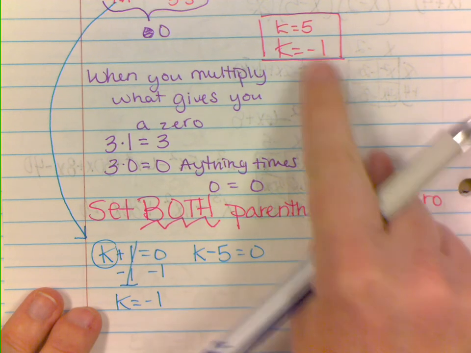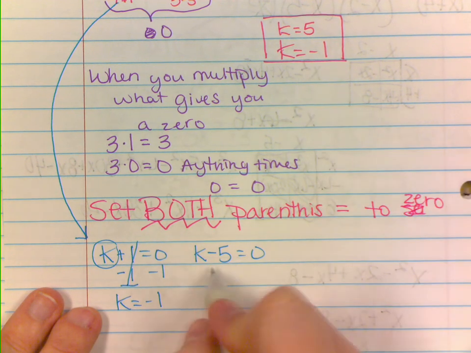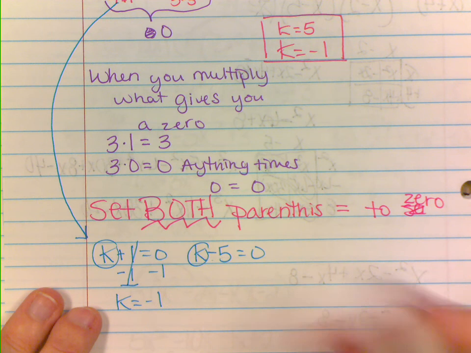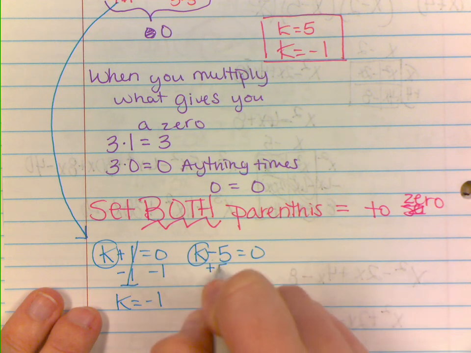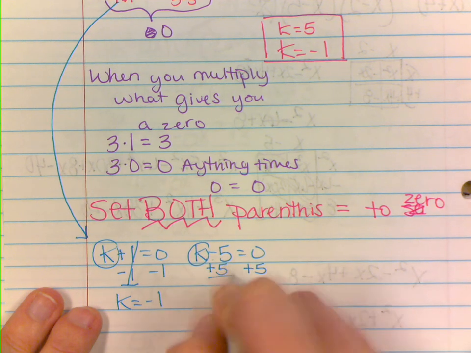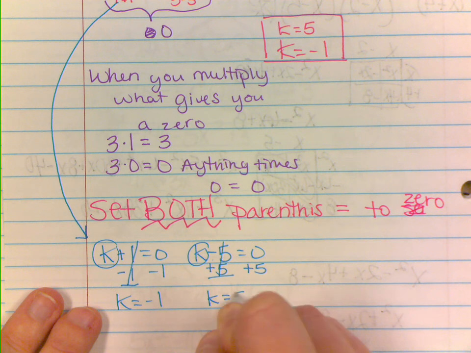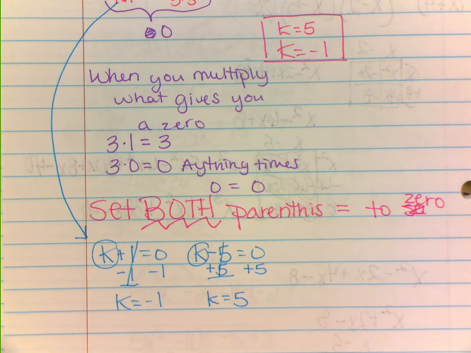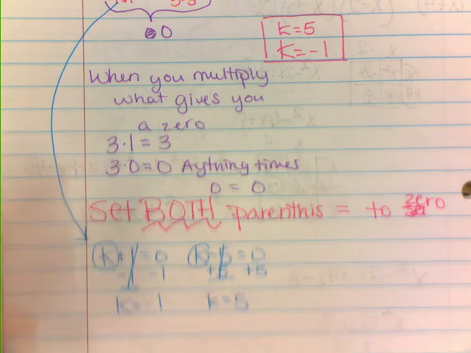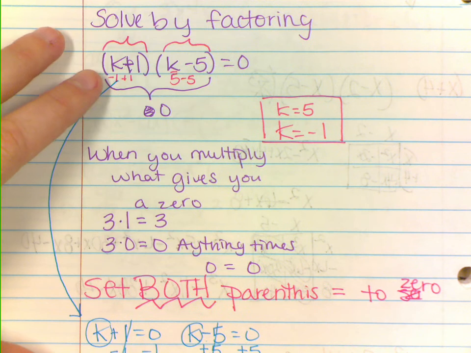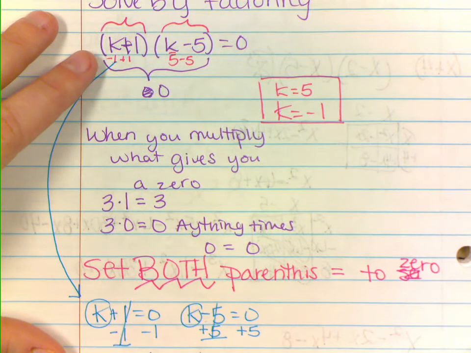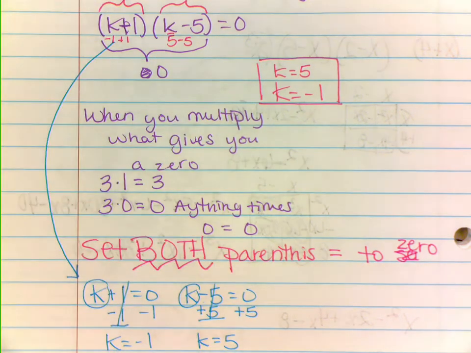Isn't that what we set up here? And k can equal, what's the opposite of subtract 5? We're solving. It doesn't matter. Do you want me to make it an x? So it's just a variable. Does everyone see that?